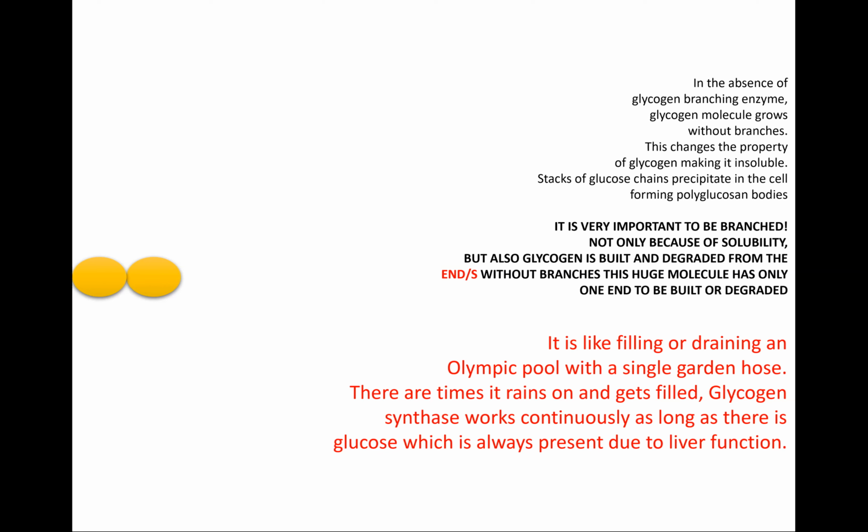So if there is no branching, of course, there will be a very long glucose stretch. As I mentioned earlier, since this molecule is synthesized and used up from the ends, only a single end is not going to be efficient for our cells to produce energy from the stored molecule.